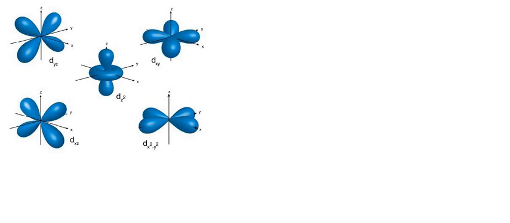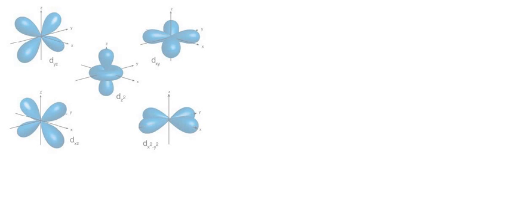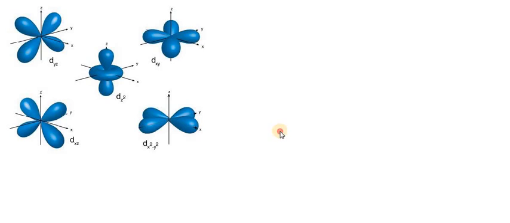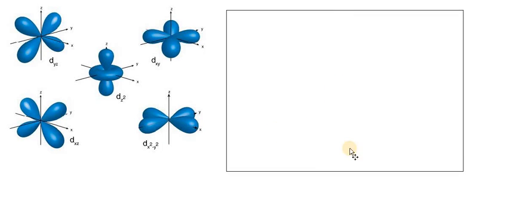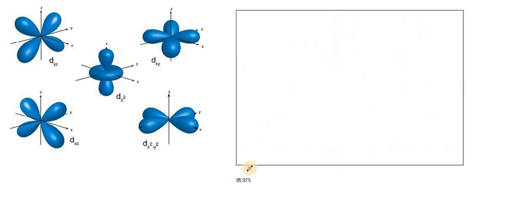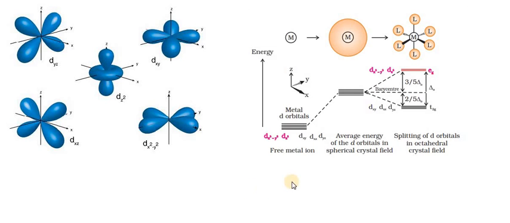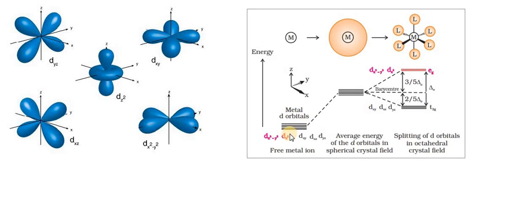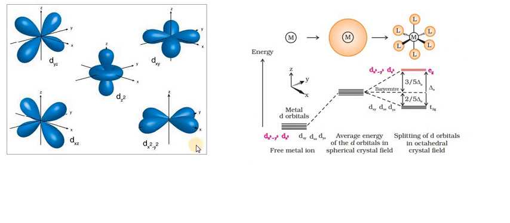So let me help you out with this diagram. So all these d orbitals, now when they come in the spherical crystal field, and are attracted towards their ligands, particularly the dx2-y2 and dz2 orbitals are elevated. Why?